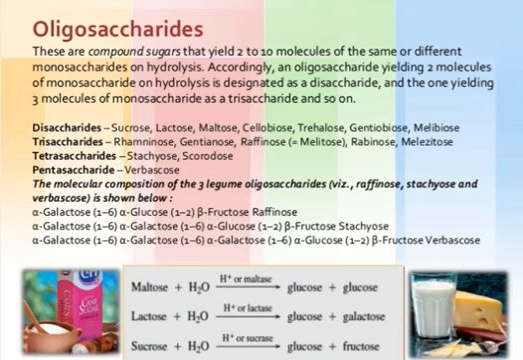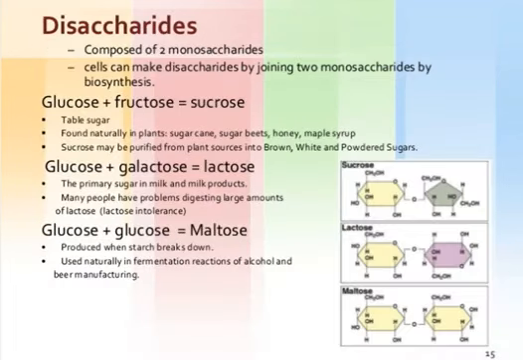These are oligosaccharides. Then disaccharides, composed of 2 monosaccharides. Glucose plus fructose is equal to sucrose. It is known as a non-reducing sugar. Glucose plus galactose is known as lactose.